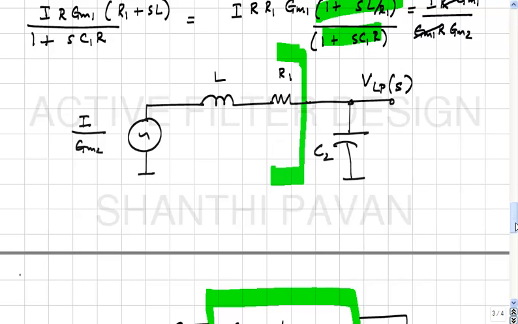Okay, in principle we could have started from a series RLC network, right, and then gone backwards. For instance, we know that this is a series RLC network which realizes a second order low pass filter. The only problem is the inductor.